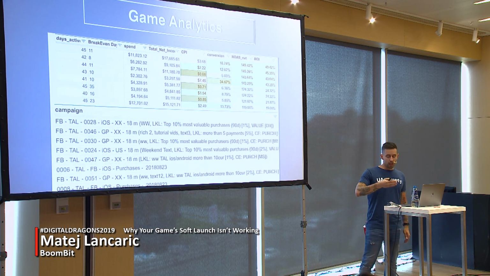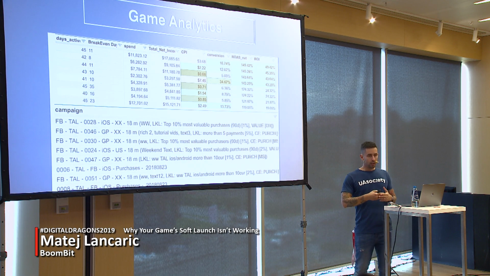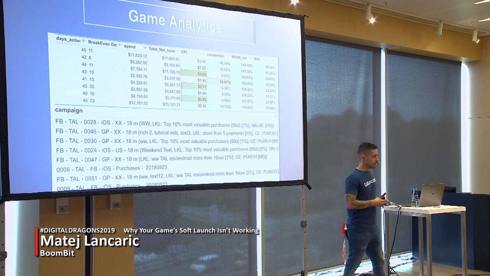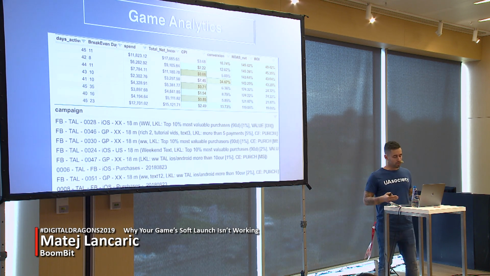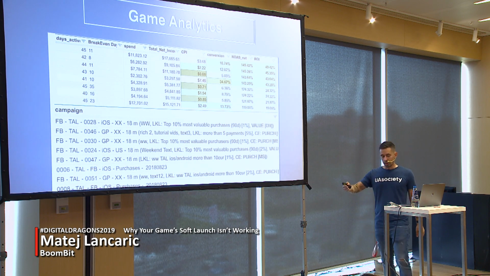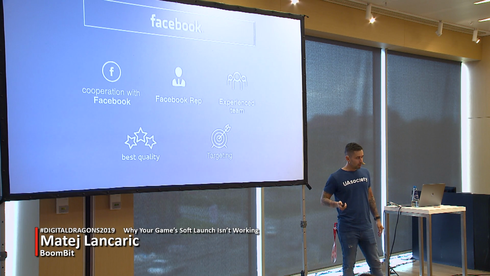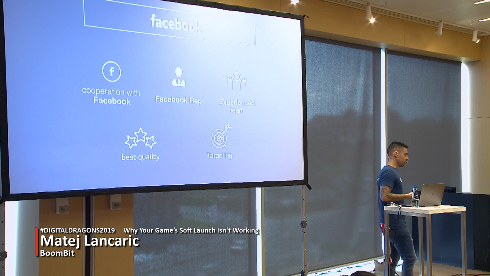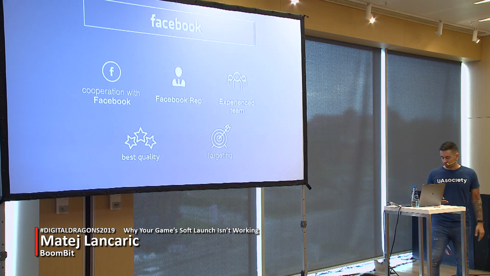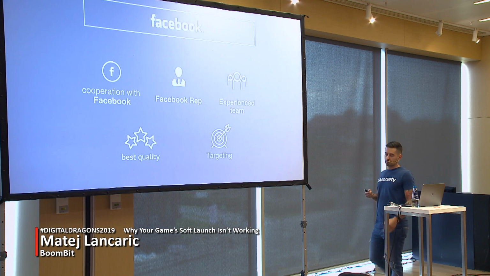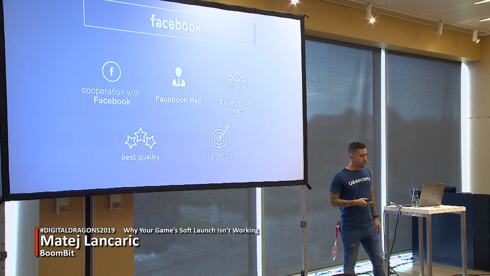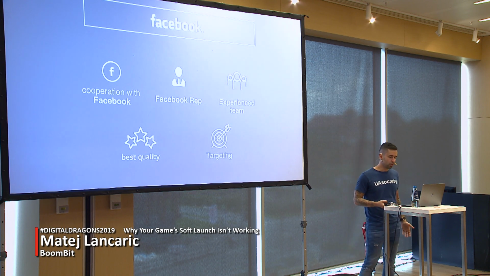And here we have these sheets where everybody has access and everybody is on the same page. Everybody can see what is actually happening in the monetization stage as well. And as I mentioned, Facebook is my go-to UA channel for soft launching games. And it's because we have really good cooperation with Facebook.